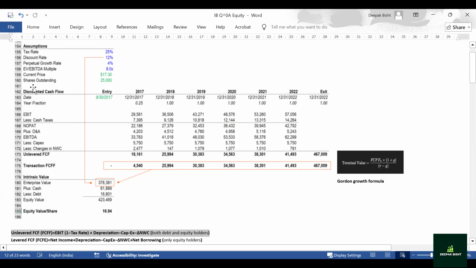From revenue, cost of goods sold and other operating expenses are subtracted. Then you get the EBIT numbers. Then you adjust for taxes. You get NOPAT numbers. You add back non-cash expenses like depreciation, amortization, and other non-cash expenses. Then you get the EBITDA numbers. You subtract the capital expenditure numbers.